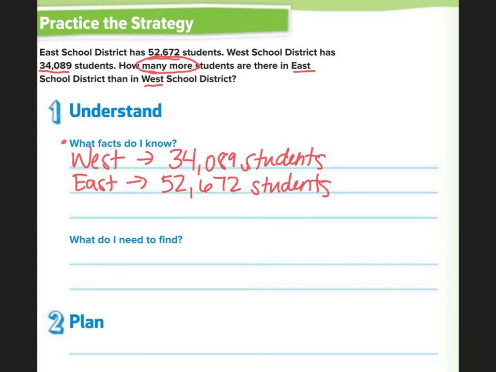Okay. And then what do I need to find? How many more? How many more students in East than West?